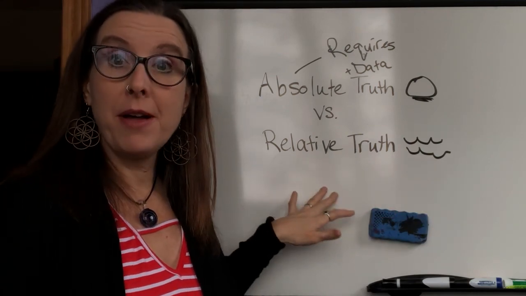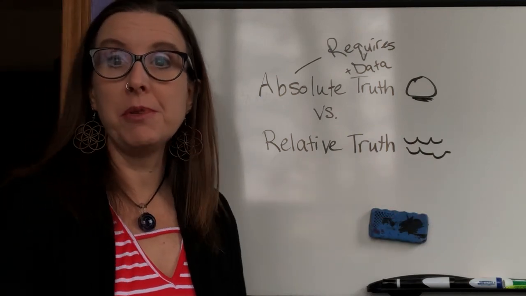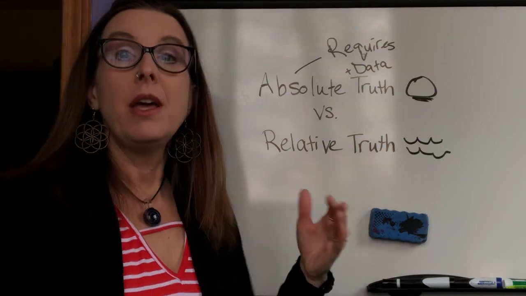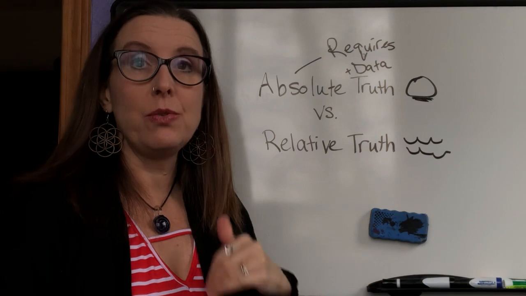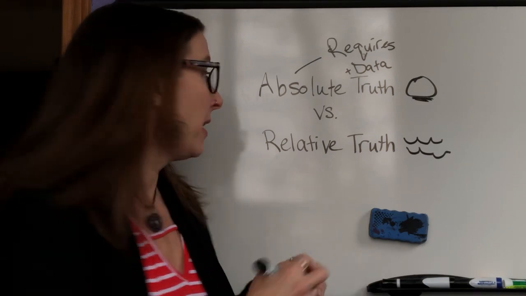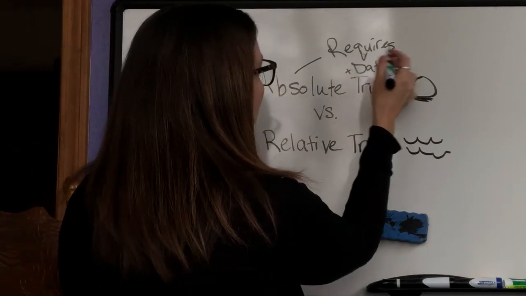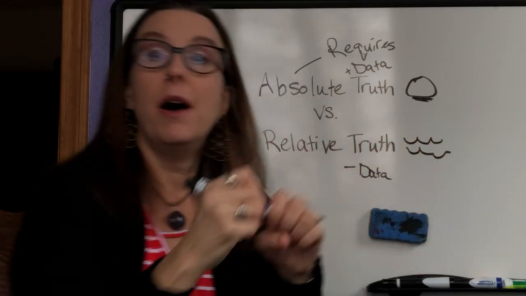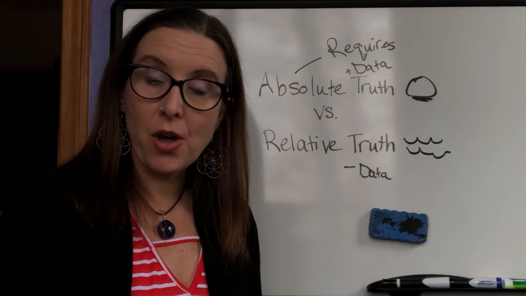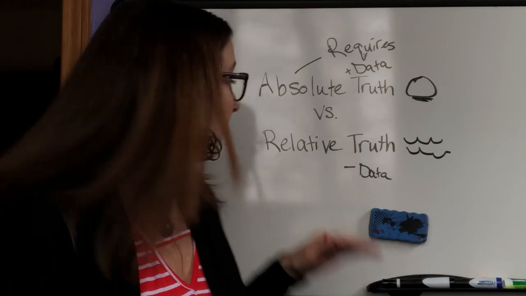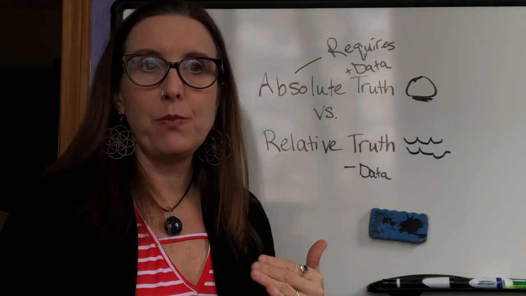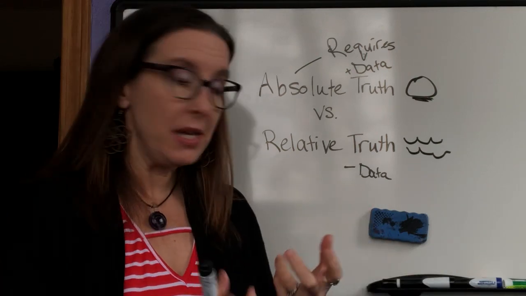So if I'm the person who's trying to communicate, teach, or influence, and I'm from a place of relative truth, I'll tend to not offer as much data. So I put more data there, less data here. And why is that? It's because we, in the relative truth, feel things out. We take in a piece.